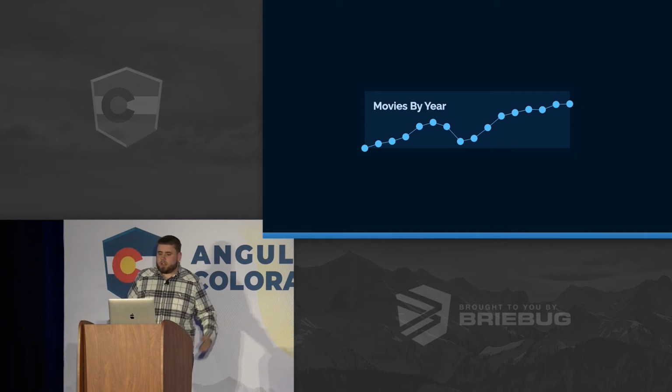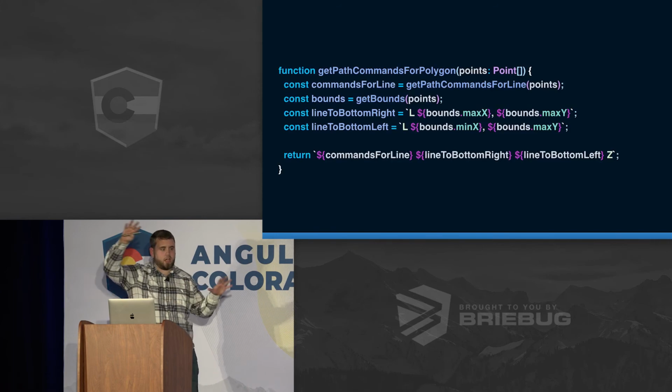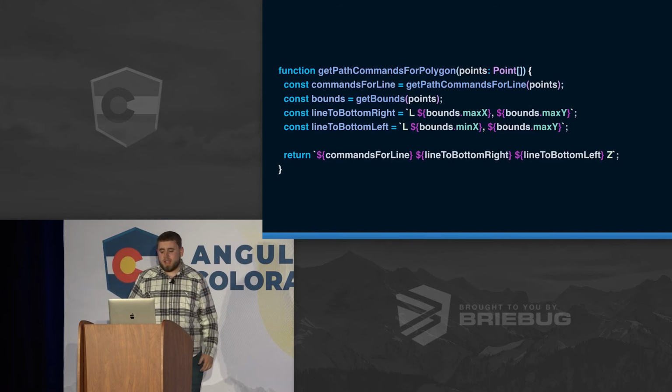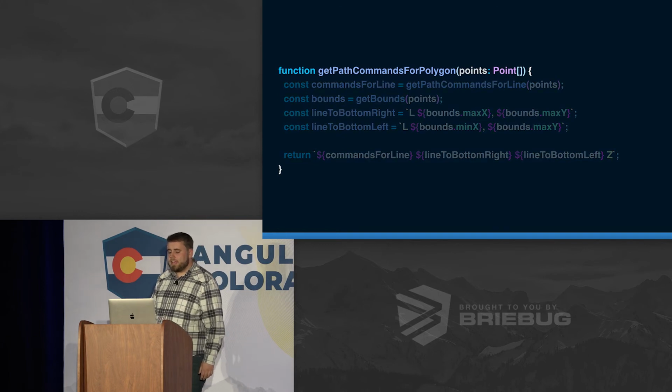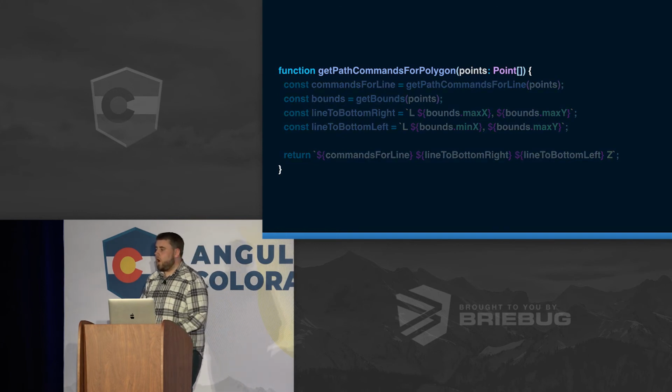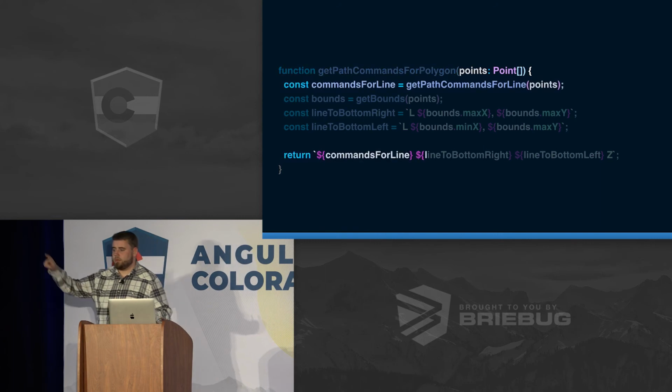Well, we saw how to draw a polygon earlier, and in fact, we can actually start with some of the code we've already written. So if we wanted to get a path command that drew a polygon, we'd first start by taking in a set of points. This should start to feel pretty familiar. But then I'm going to reuse getPathCommandsForLine to get me all of the commands I need to draw a line through each of those points.